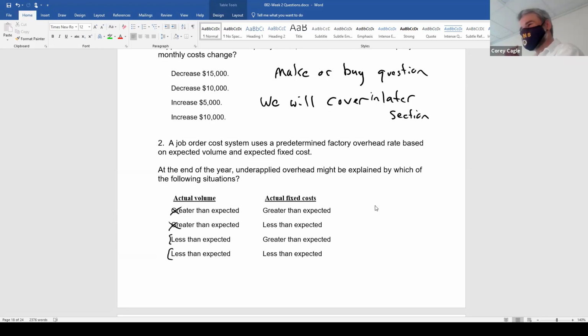You really have to think about the intricacies of this and make sure you've got the wording correct and the thought the way it should be. So if fixed costs ended up being more than expected, another way of saying that is you used too small of a rate, that would have impacted this. So that's your answer right there.